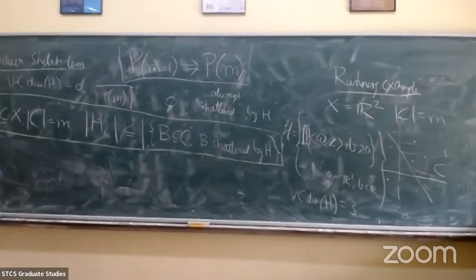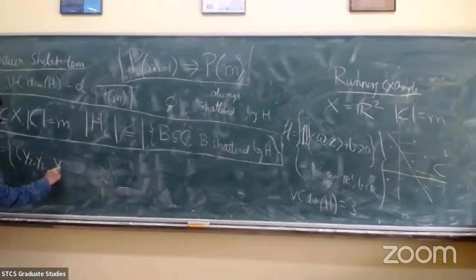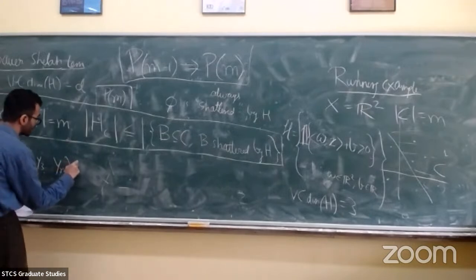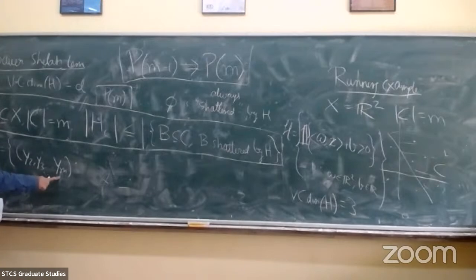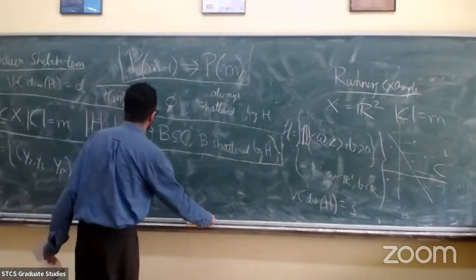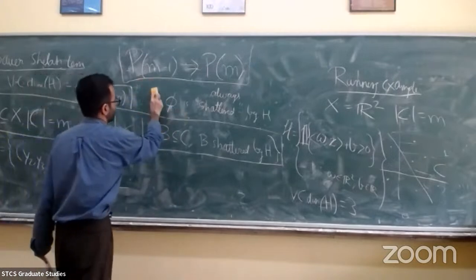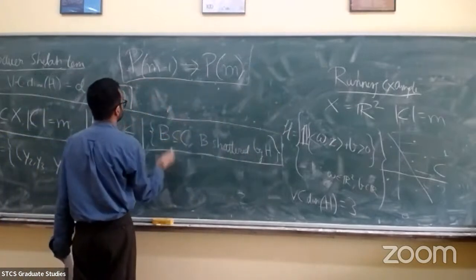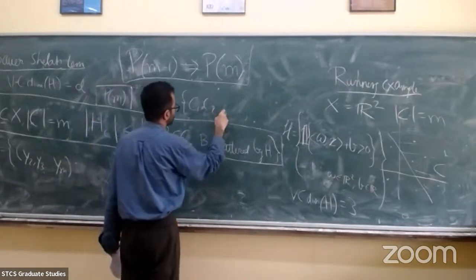So let me put some notation here. Let's define two sets of label vectors, y0 and y1. Think of C as C1 through Cm.